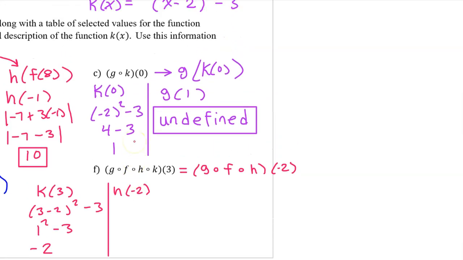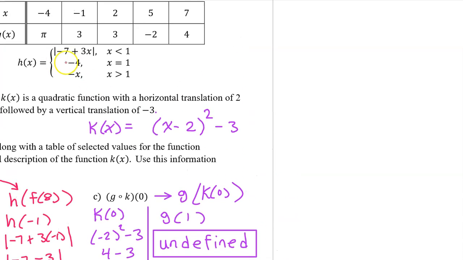Let's see, h is the piecewise function. We're looking for h at -2. -2 is less than -1. That means the top piece applies. So we're going to plug in -2 right here.